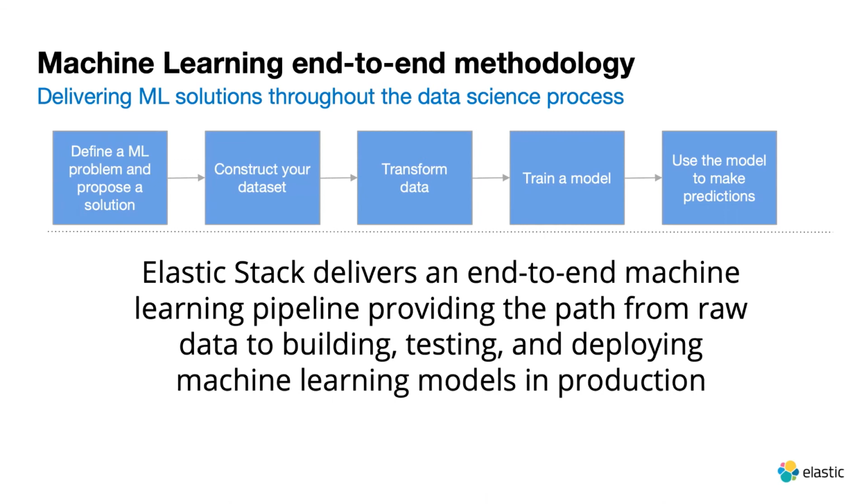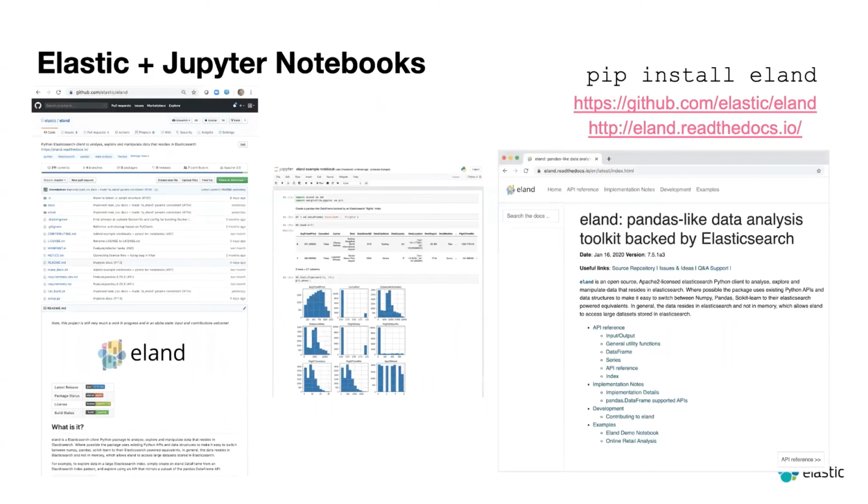At the same time, we also want you to be able to plug into any stage within that pipeline. For example, if you already have your own data set in the correct format, you could bring it into Elasticsearch and run your training model there. If you have your own model, you could bring that model in as well. So let me introduce you to Eland.